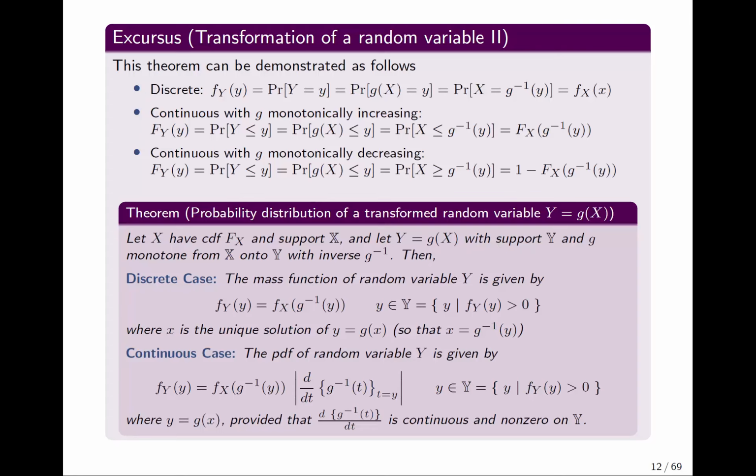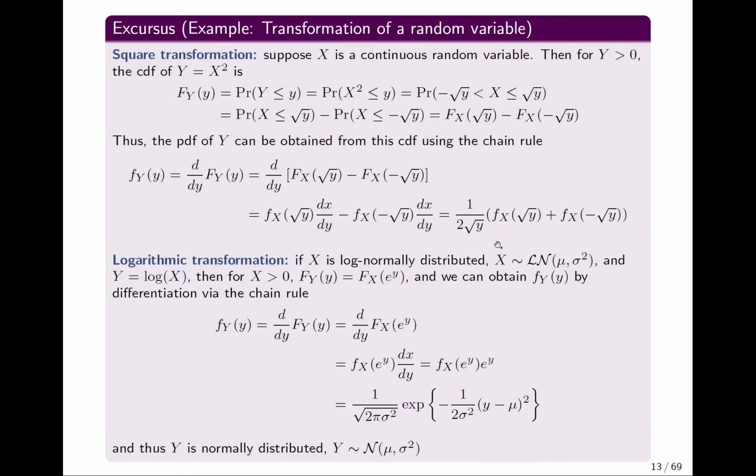Basically, this slide is saying that if we know the distribution of our original variable x, then under suitable conditions we can actually derive the distribution of our transformed variable y. For one-to-one monotonic transformations, and that's the examples given here, this is simply done using the inverse transformation and the chain rule. More complicated transformations, such as squaring a variable, require us to account for multiple values of x mapping to the same value of y.